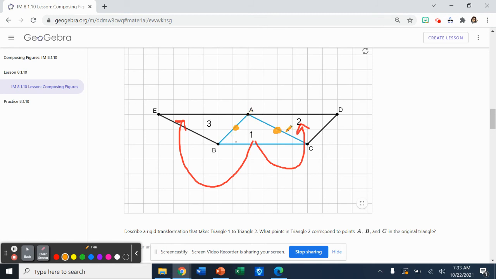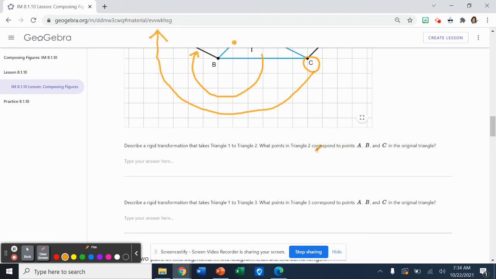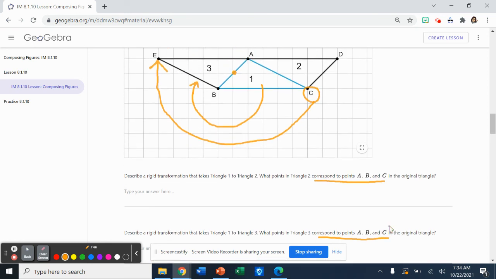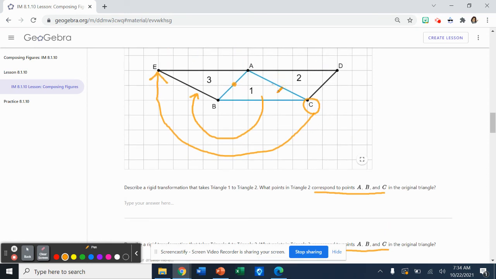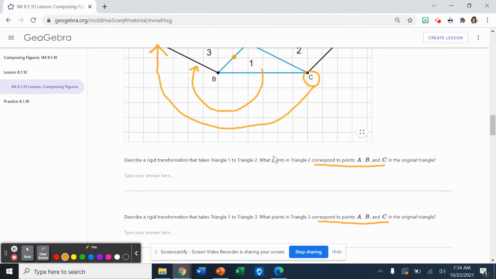So if I took triangle ABC, and you can imagine that I spun triangle ABC in this direction, until it ended up on top of A, B, E. For example, point C would correspond with point E because it ends up right on top of point E. So it's asking you to tell me the corresponding points in both of these questions. There are multiple correct answers, but again, if you were stuck, rotation around the midpoint is one great example. So go ahead and pause, get caught up with me, and unpause.